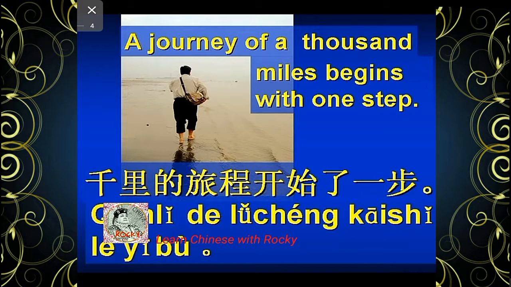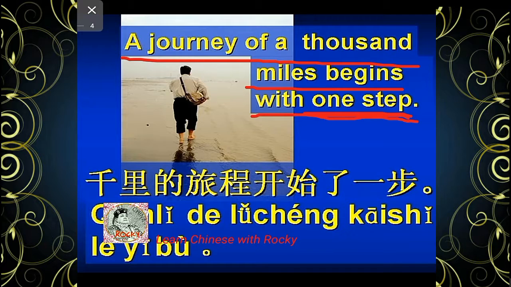But what is the saying? A journey of 1,000 miles begins with one step. Okay, so this is what we're doing. We're gonna take one step, one character at a time.